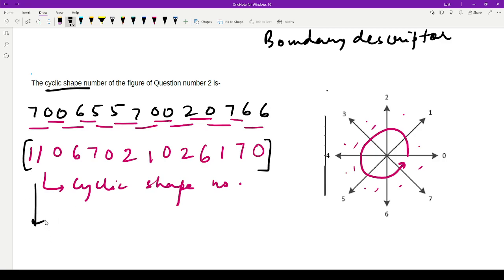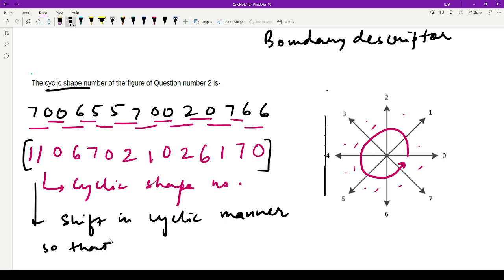We have to convert it, and by convert I mean shift in a cyclic manner, so that something happens, right?